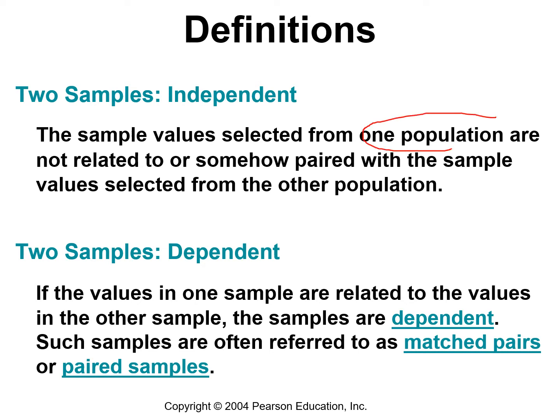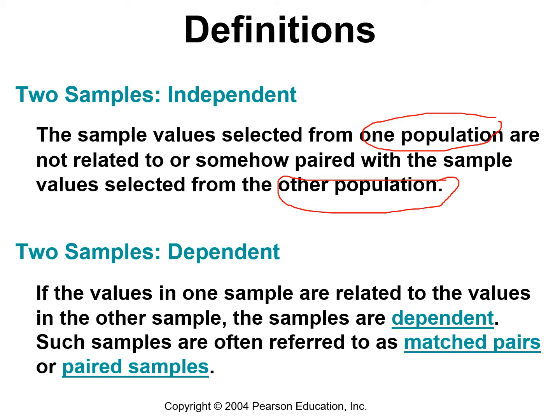We have totally different populations, population 1 and population 2. From the first one we select sample values, and from the other population we select different sample values, and these are not related or paired with the other ones.